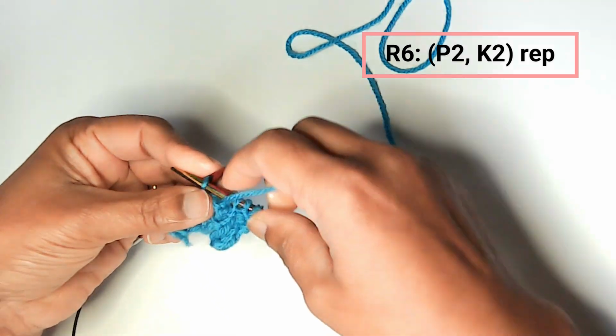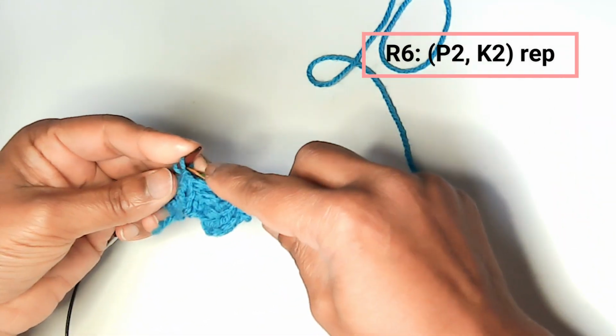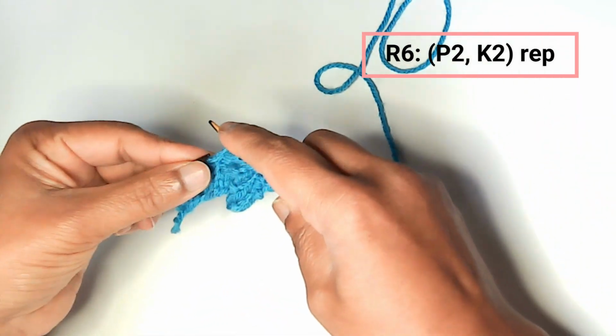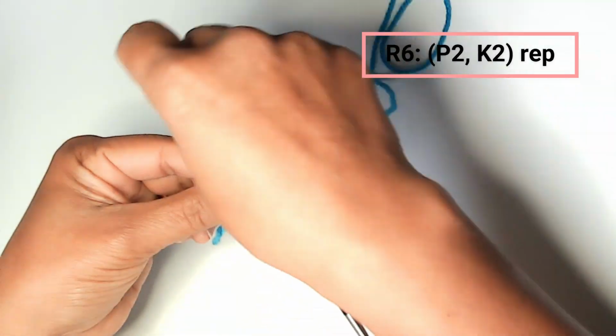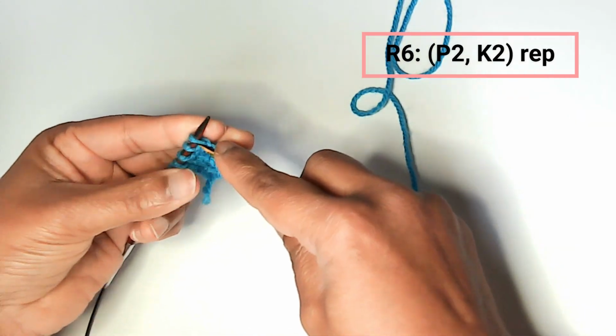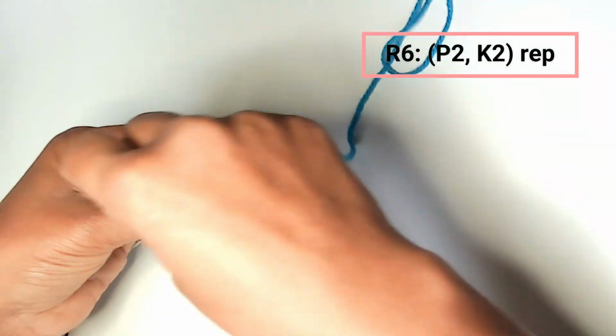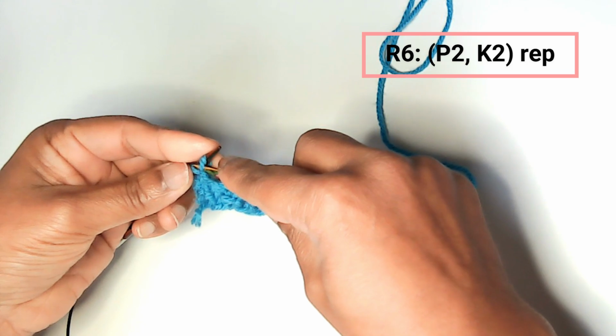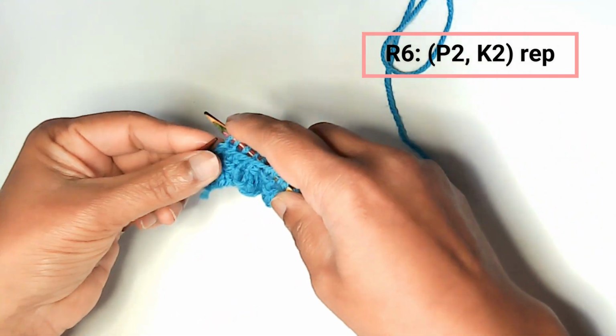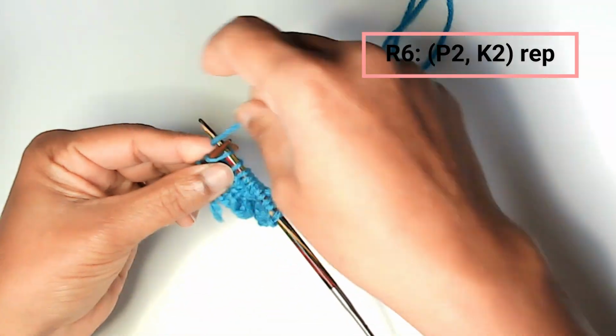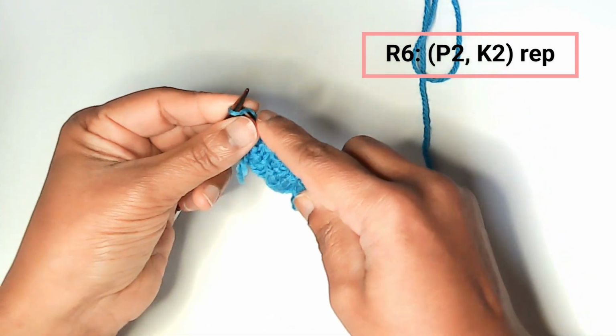Again purl 2, 1, 2 and knit 2, 1, 2, purl 2, knit 2, purl 1, purl 2, knit 1, knit 2.